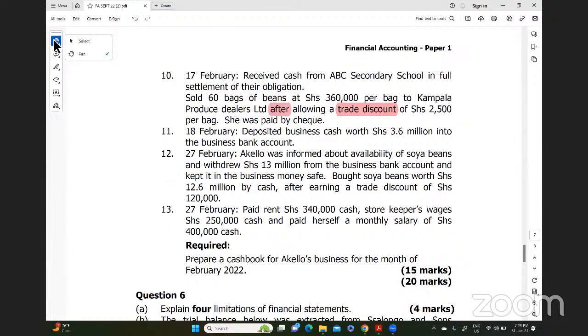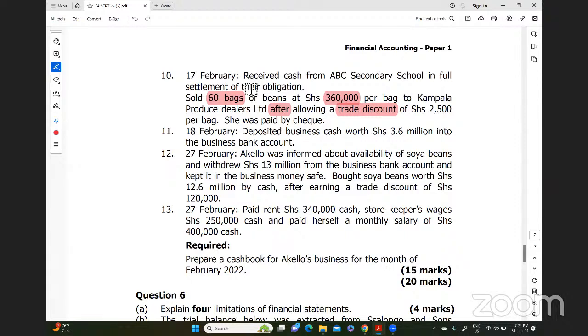So we are selling 60 bags at shillings 360,000 per bag after allowing. Are we together? So meaning this money here is the money after the discount. Isn't it so? Yeah, you are right.